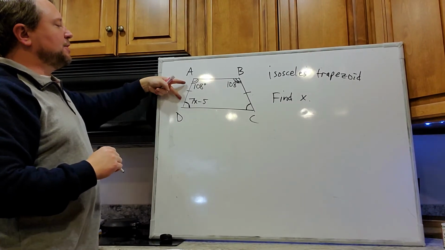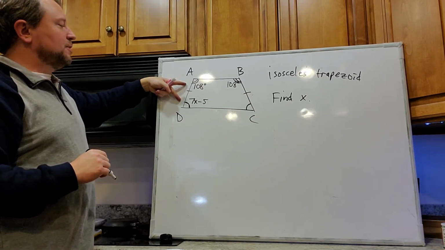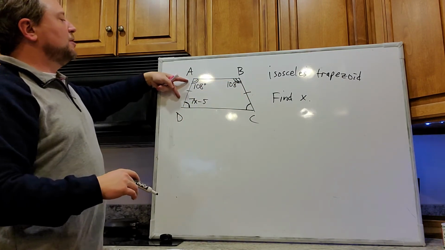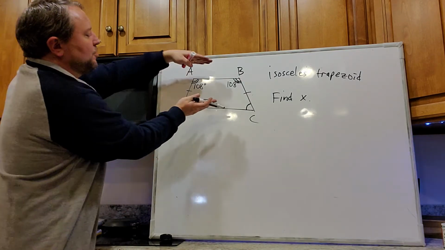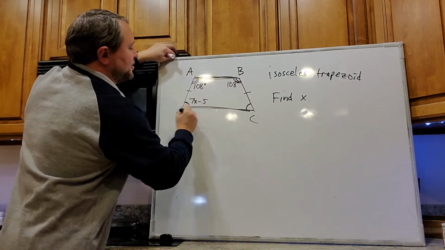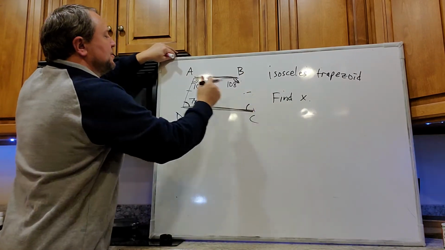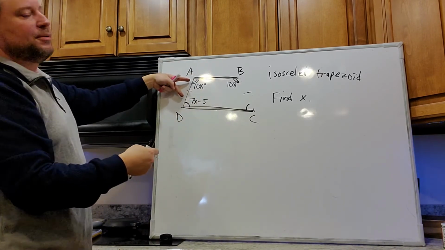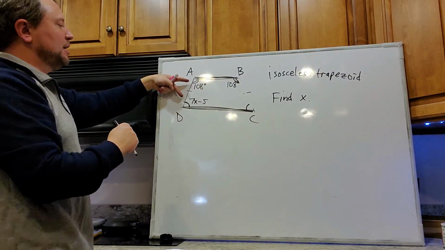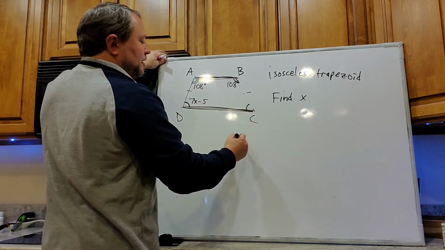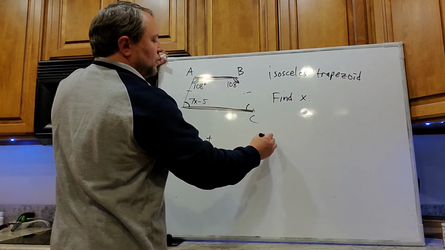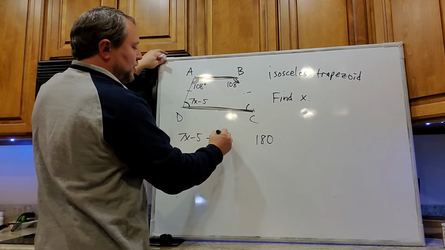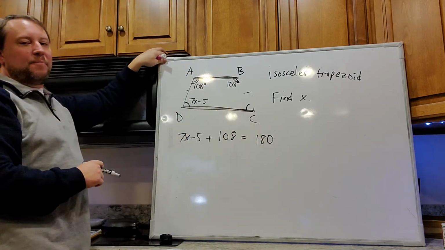My next step is going to say that these two angles have something special going on. Not just because it's isosceles, but in any trapezoid, two angles on the same leg in between the parallel bases. If I erase this one, you can focus on it now. There's a transversal crossing the parallel lines. That's a pair of same side interior angles, which means they should add up to 180. So I know 7x minus 5 plus the 108 equals 180.